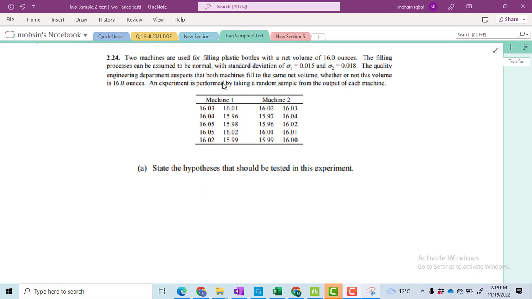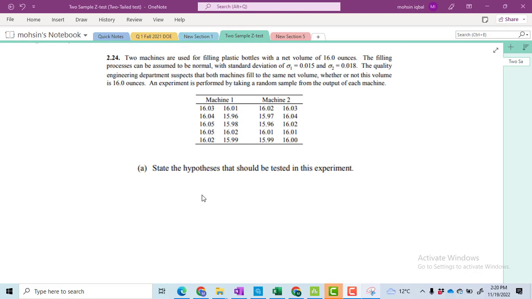In this question, we are going to compare the means of machine 1 and machine 2, and the question statement says that the quality engineer suspects that both machines fill the same net volume, whether or not this volume is 16 ounces. Based upon this sentence, we know that we formulate the hypothesis with two tails.